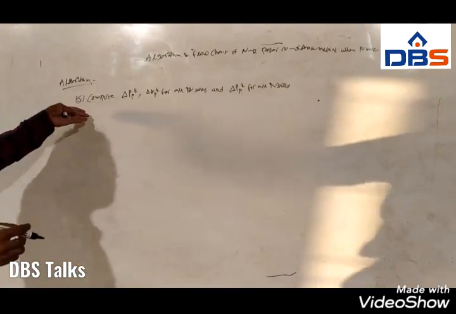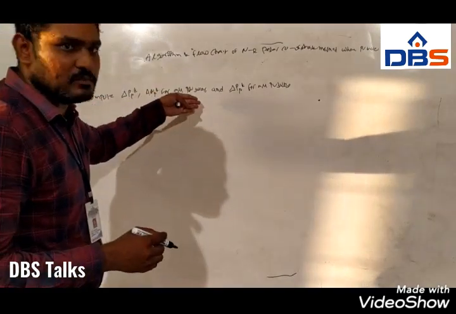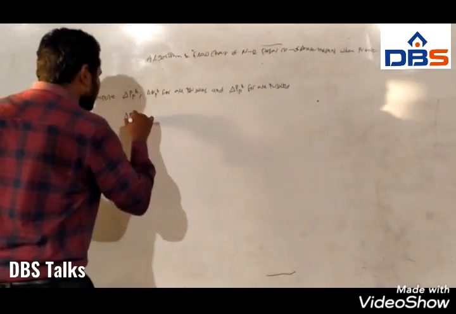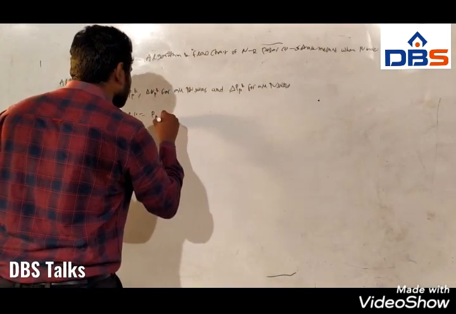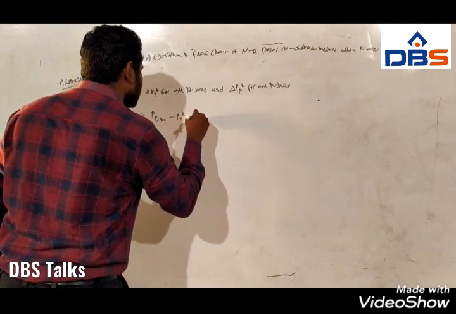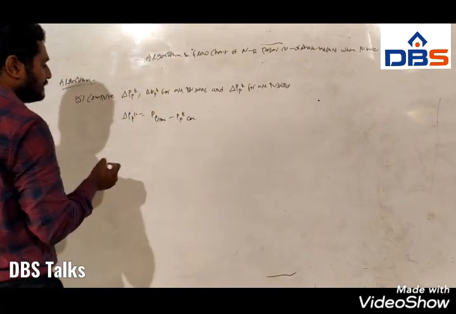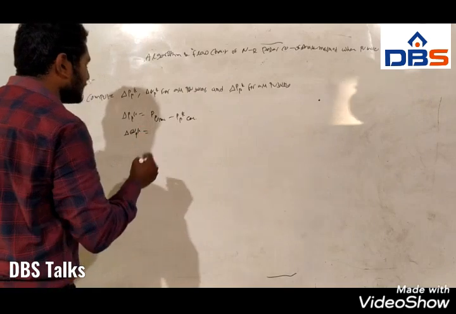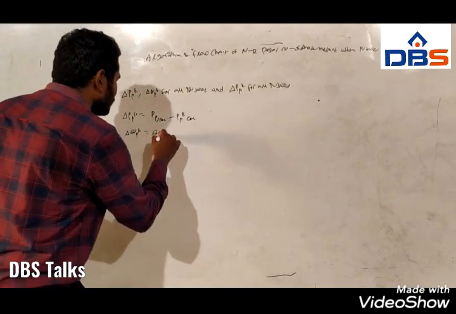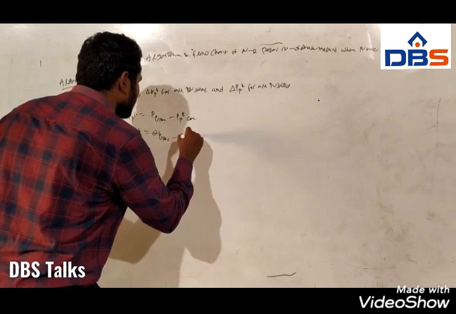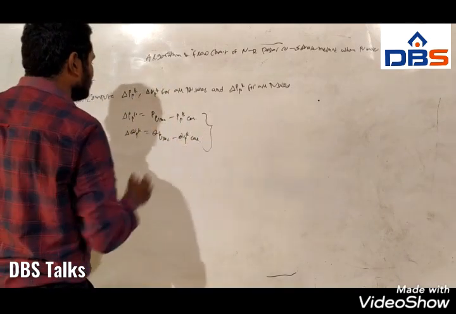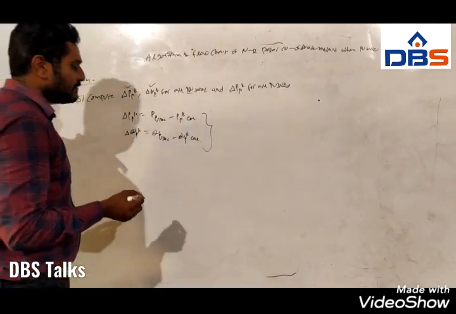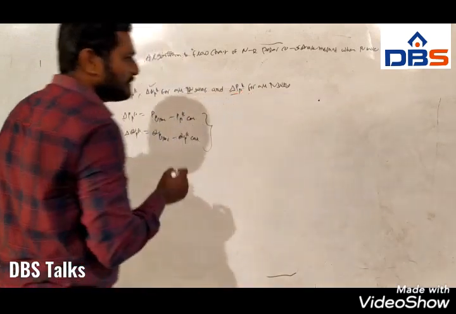Delta Pp^k equals Pp specified minus Pp^k calculated, where Pp^k was calculated in the previous step. Similarly, delta Qp^k equals Qp specified minus Qp^k calculated. By using these two equations we calculate the change in real and reactive power for all PQ buses, and at the same time the change in real power for all PV buses.